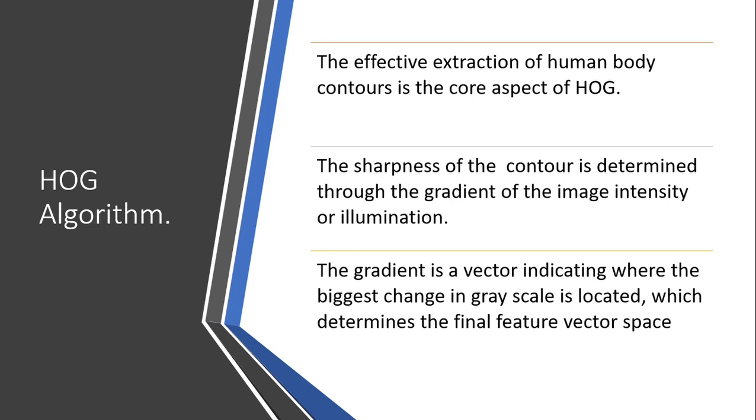And finally, it is very important to know that the gradient is a vector indicating where the biggest change in grayscale is located, and which determines the final feature vector space.